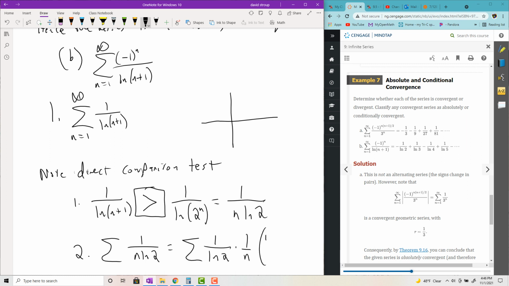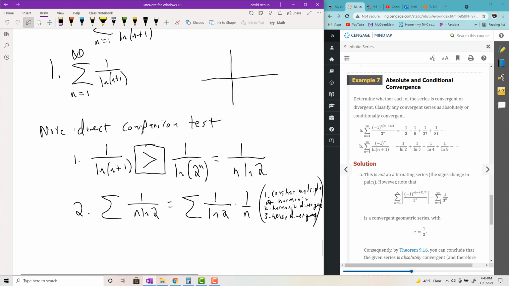So this is a constant multiple of the harmonic. The harmonic is divergent. Hence they both diverge. Hence this thing diverges. Okay, so this first step doesn't work.